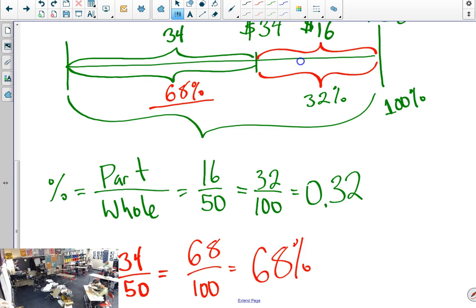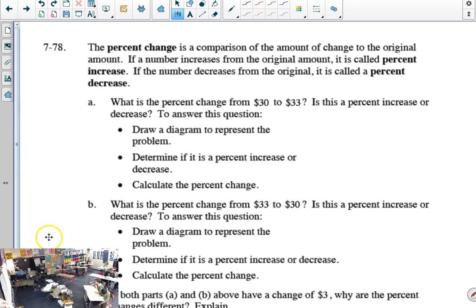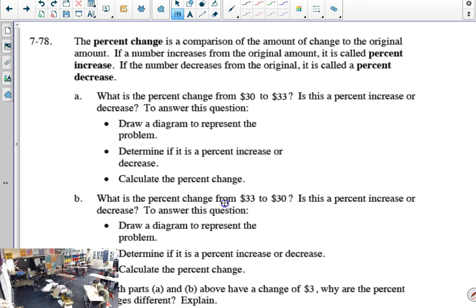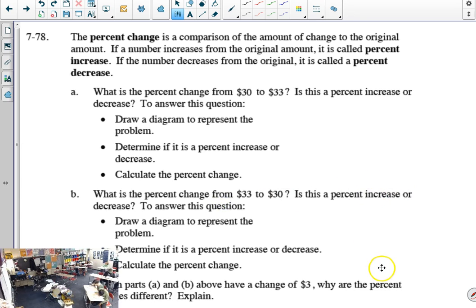Then we can times this by 10. 3 over. I'm just gonna do this.